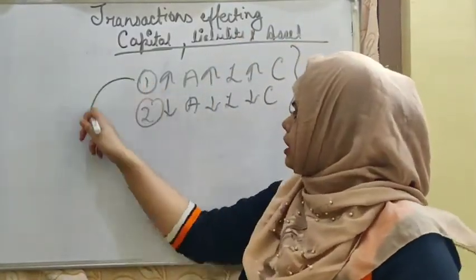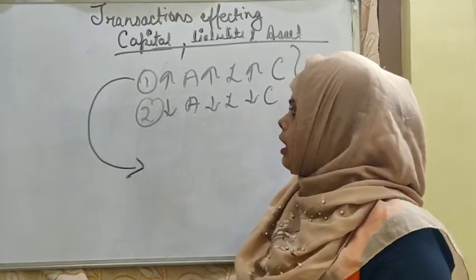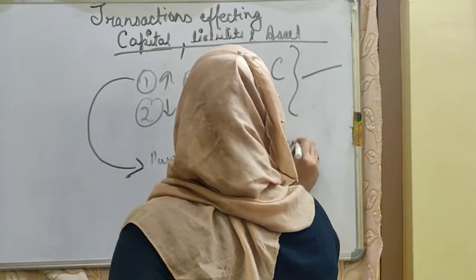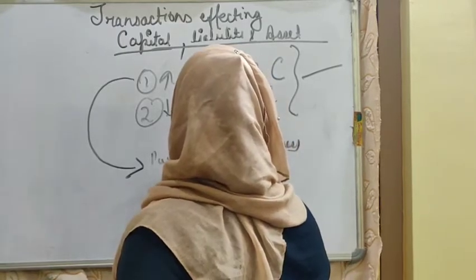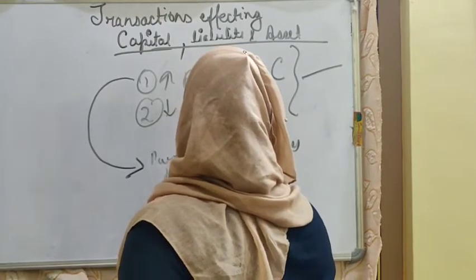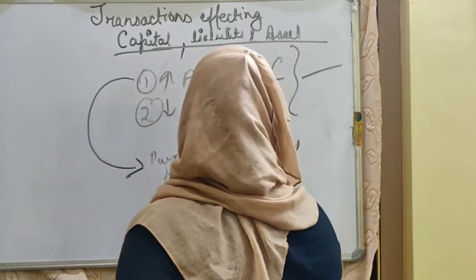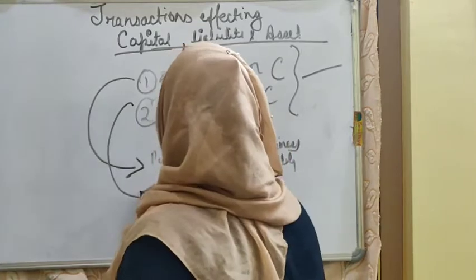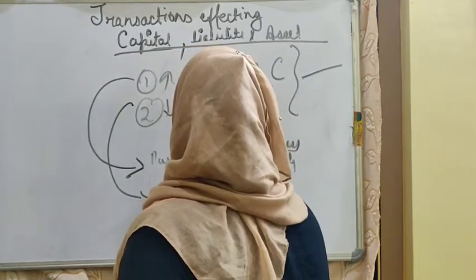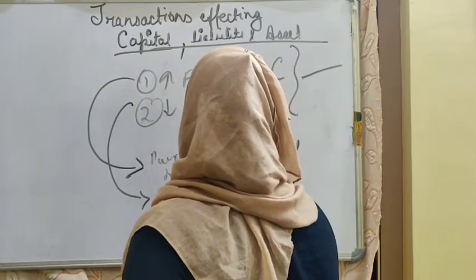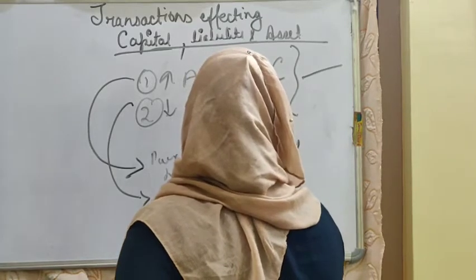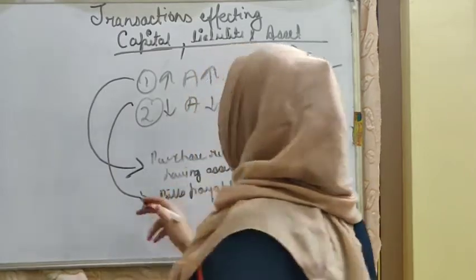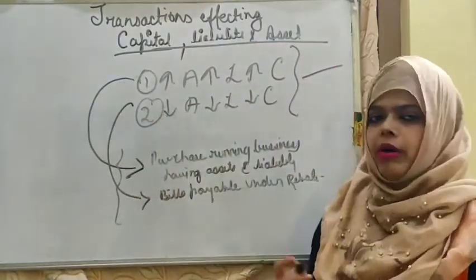For this, the first example is purchase of a running business having assets and liability, and second, bills payable under rebate. So these two are the examples of the above two transactions.